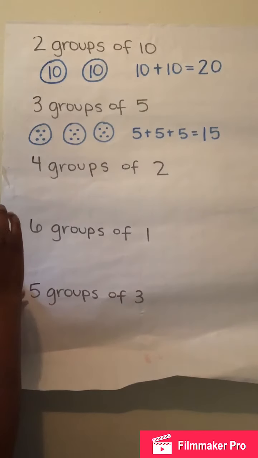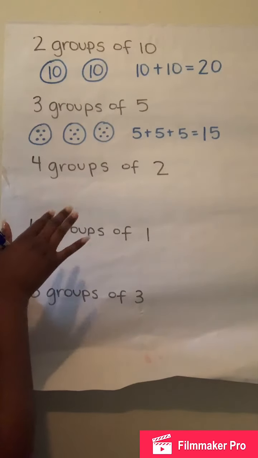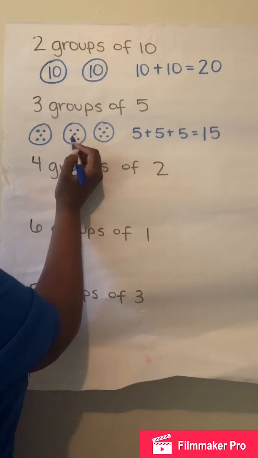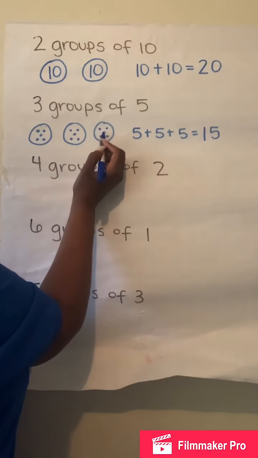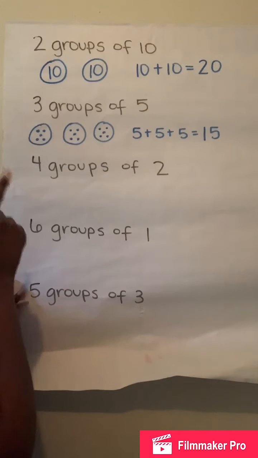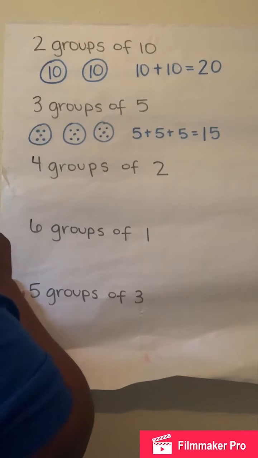If you do not remember how to skip count, you can always just count 1, 2, 3, 4, 5, 6, 7, 8, 9, 10, 11, 12, 13, 14, 15. But here's my tip. Make sure that you're practicing skip counting while we're out.